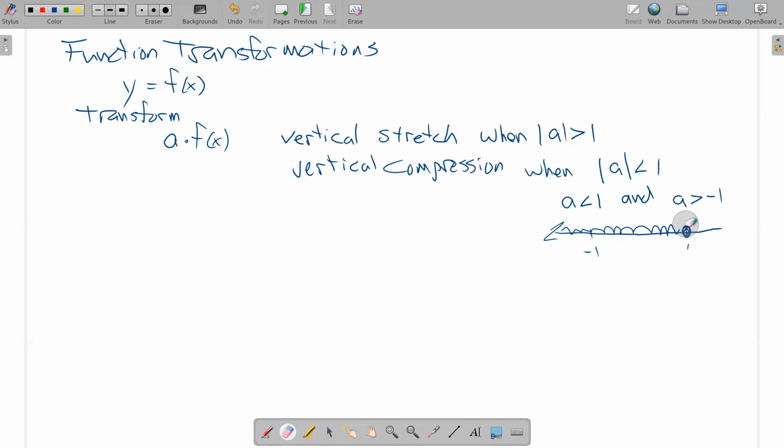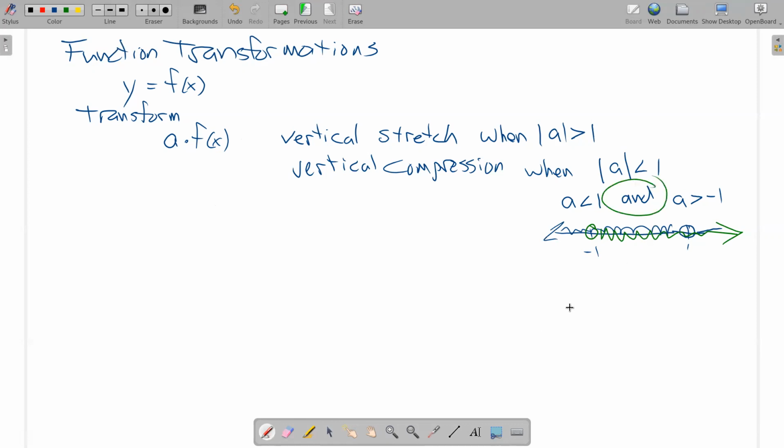That should not be a closed circle, it should be open, because I can't actually be 1. And then for -1, this says you can be bigger than -1. So starting at -1 but not -1, you go this way forever.